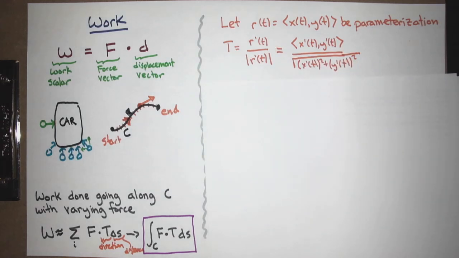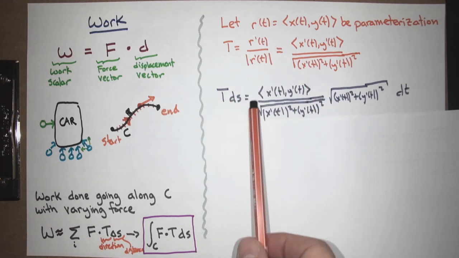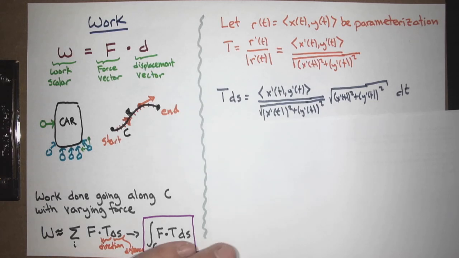And now at this point, it's like, oh, we saw a square root of x prime squared plus y prime squared earlier. Does that mean something nice is about to happen? Well, if you take T ds, this is our T, here's the ds, what do you see?